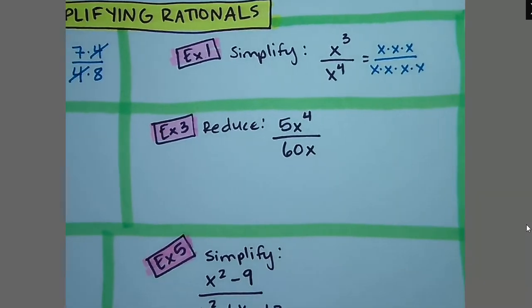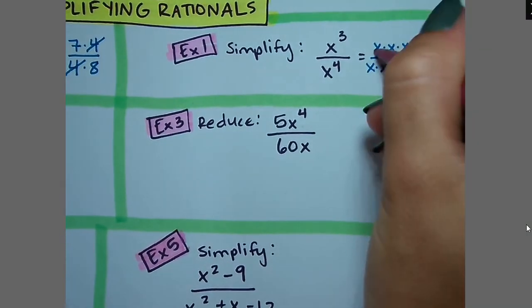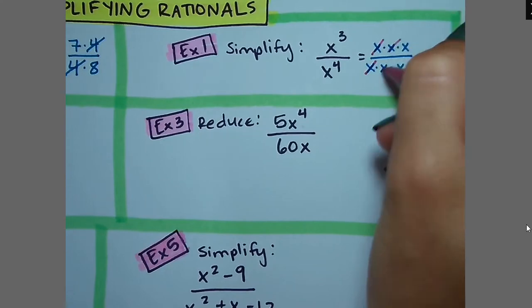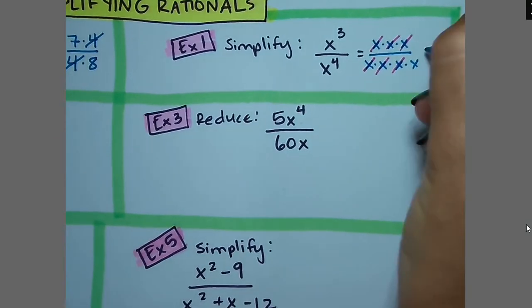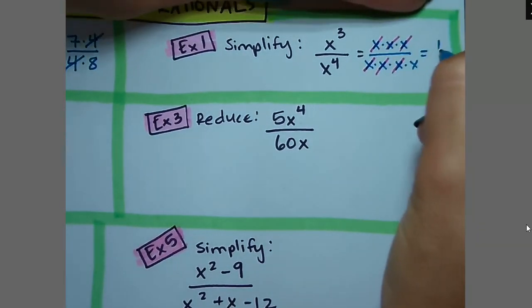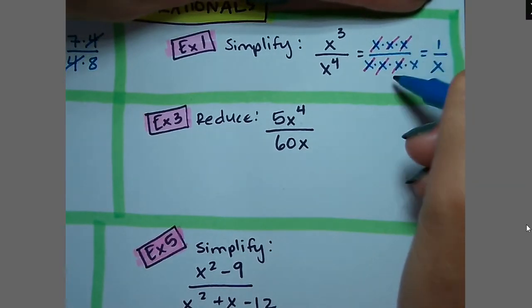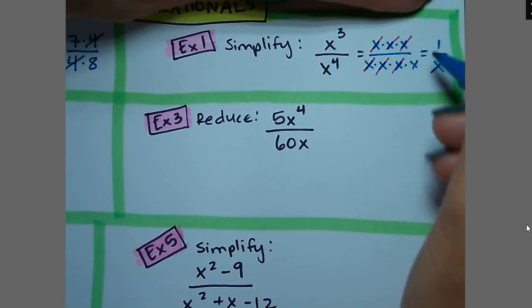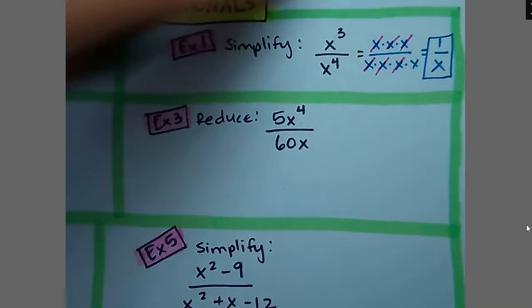We're going to do the exact same thing that we did with the first problem, which means we're just going to cancel out the terms on the top and the bottom. So we can cancel out 3 of these x's here, and we're left with 1 x on the bottom. A lot of people like to say that this is equal to x, but this is actually equal to 1 over x, because anything divided by itself, when we're canceling it out, what that really means is that it's becoming 1, the number 1. So this is going to be 1 over x.